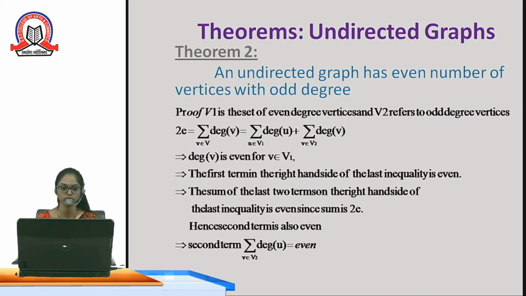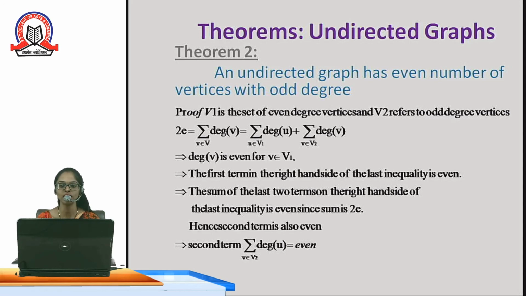Now the proof. 2e is equal to the summation of degree of v, which equals the sum of degrees over vertices in V1 plus the sum over vertices in V2, that is, degree of u plus degree of v. But the degree of v is even for v belonging to V1. The first term on the right-hand side of the last equality is even.